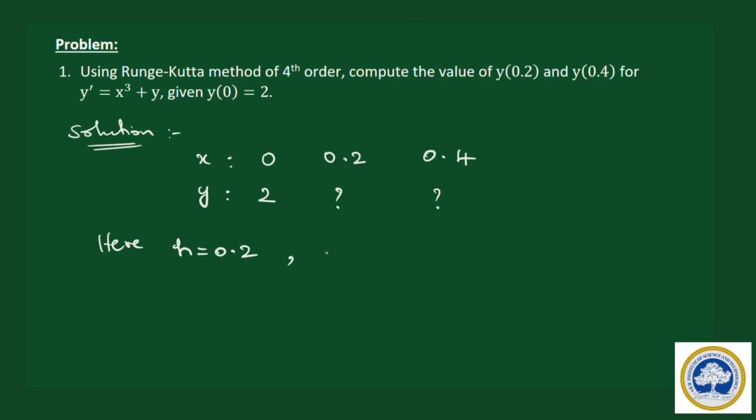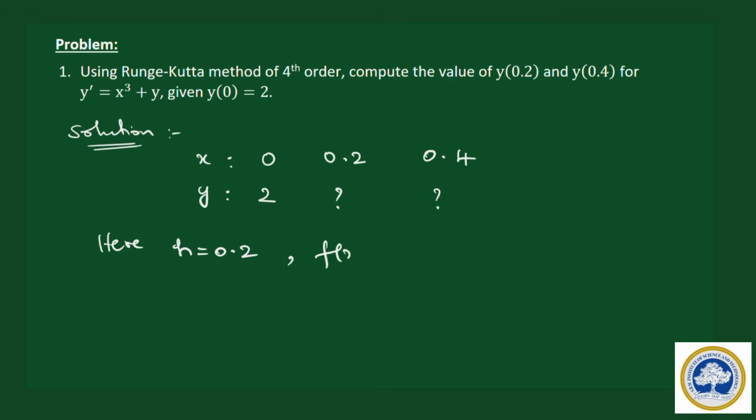One more thing to note here is that you should not take h is equal to 0.4 and calculate directly from 0 to 0.4. We have to choose h as small as possible so that the approximate value will be nearest to the accurate value. Because of that reason, let us fix h is equal to 0.2.